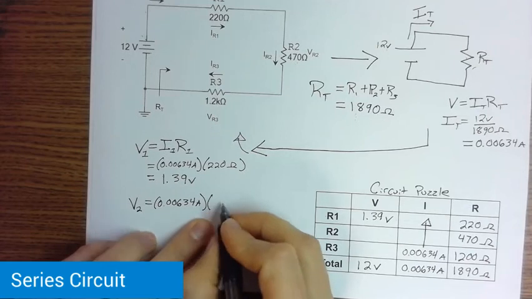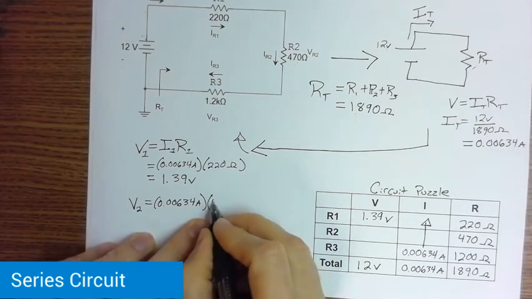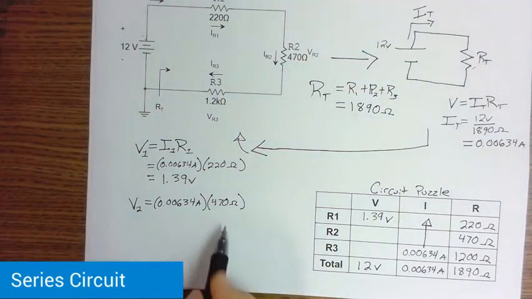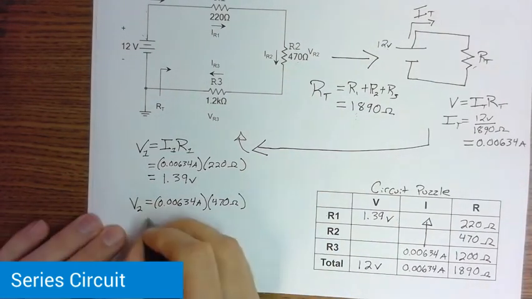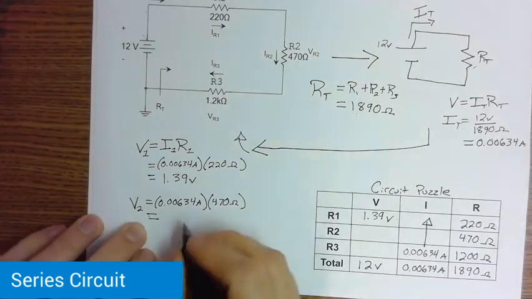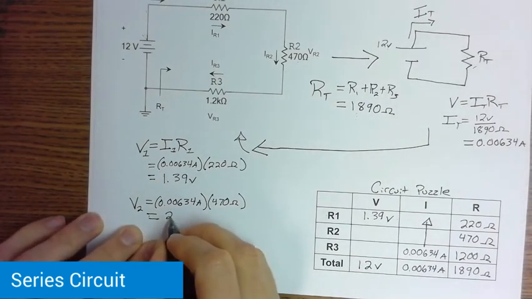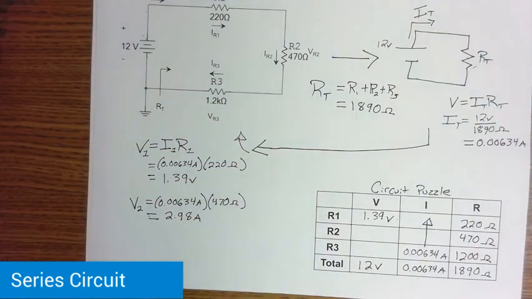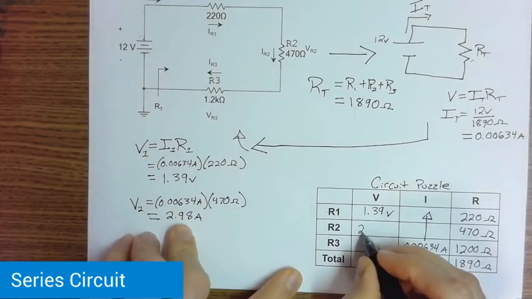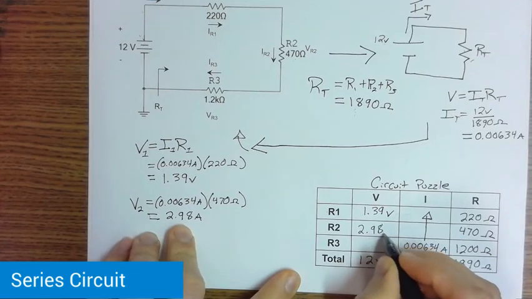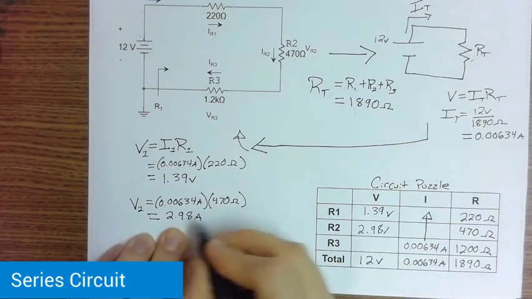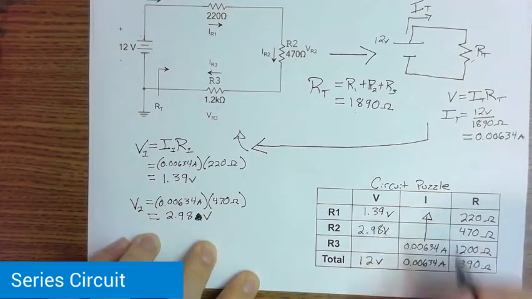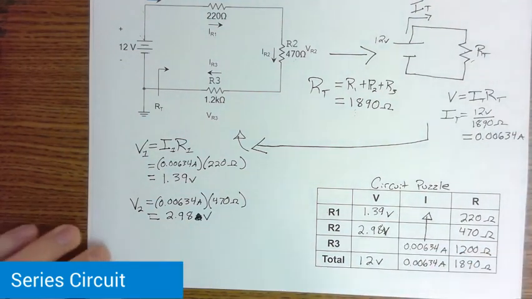And then we have a resistance at that point of 470 ohms. So if you multiply those two together, you get 2.98-ish volts. Now I'm rounding these numbers. So let's go ahead and put that in, 2.98 volts. Voltage is measured in volts.